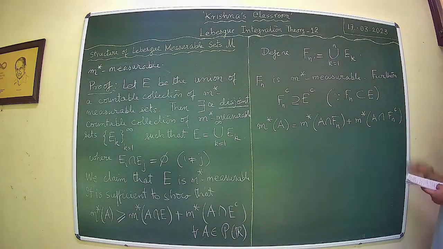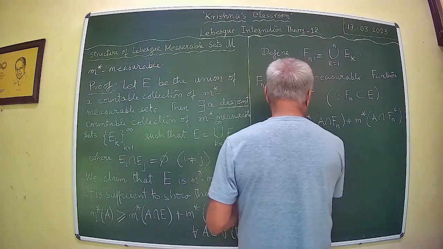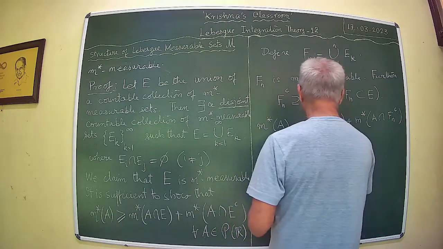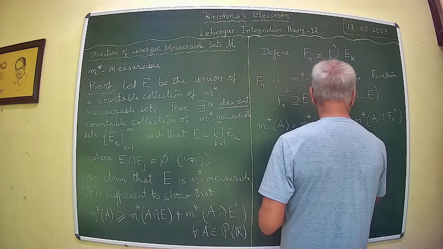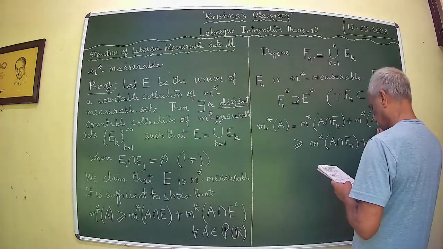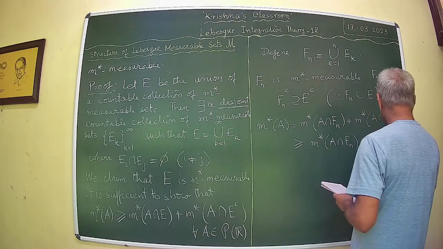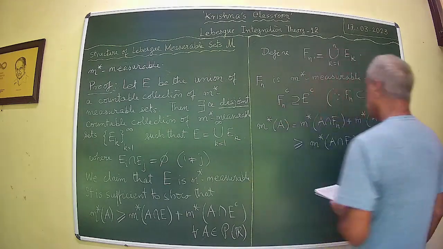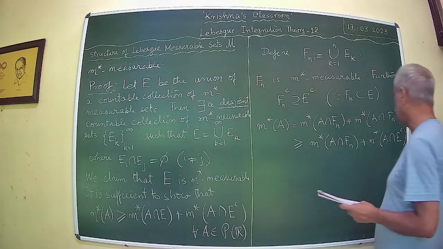That is because F_n is measurable, and this is greater than or equal to, we are going to make use of this property, m star of A intersection F_n plus m star of A intersection E complement, because we use this inequality. Okay, that is E complement is contained in F_n complement.